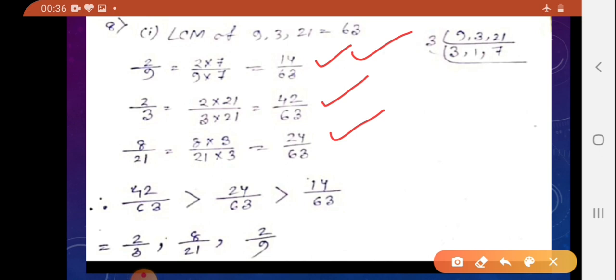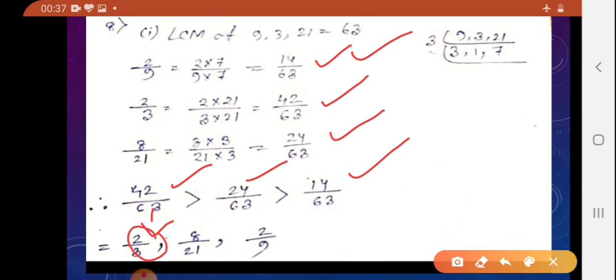So descending order is from greater to smaller. The greatest one is 42 upon 63, then 24 upon 63, then 14 upon 63. The original fraction of 42 upon 63 is 2 upon 3. Then 24 upon 63 is 8 upon 21, and the last one, 14 upon 63, is 2 upon 9.